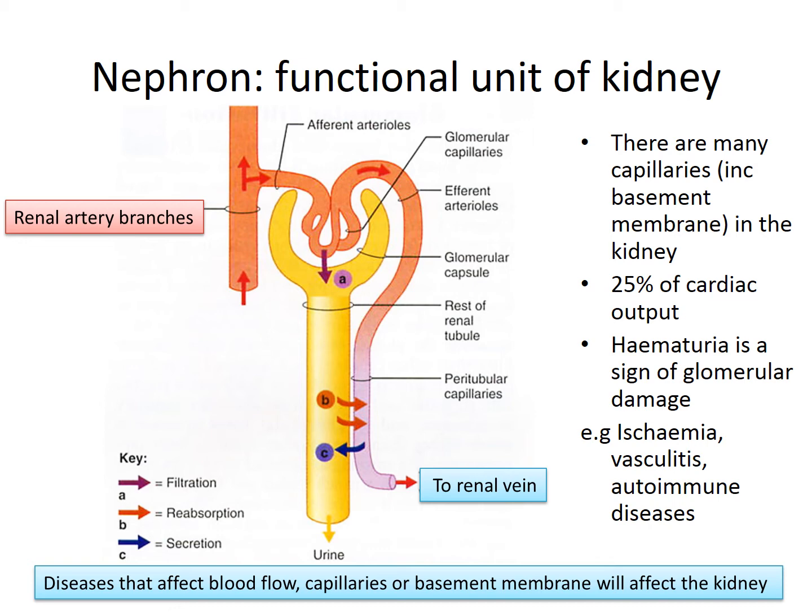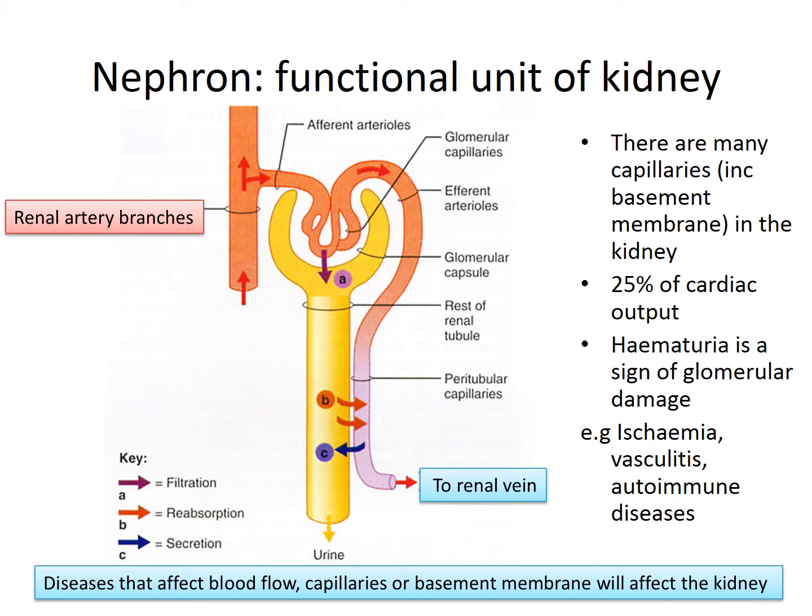So if there are diseases that are going to affect blood flow, might be hypertension, it could be that there's been loss of blood with a hemorrhage, it could be that the capillaries are affected or the basement membrane is affected, and in conditions like diabetes, where there's uncontrolled levels of glucose, the capillaries and basement membrane structure can be altered so that they don't function correctly, and that will affect the kidney as well.